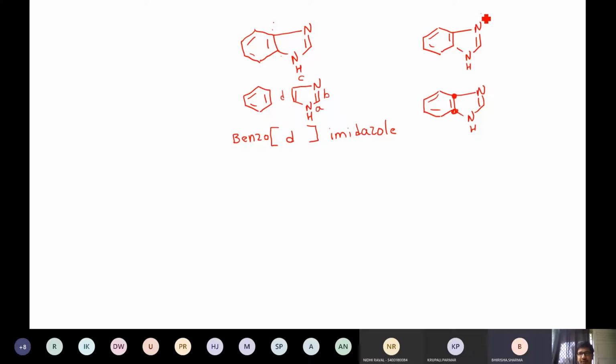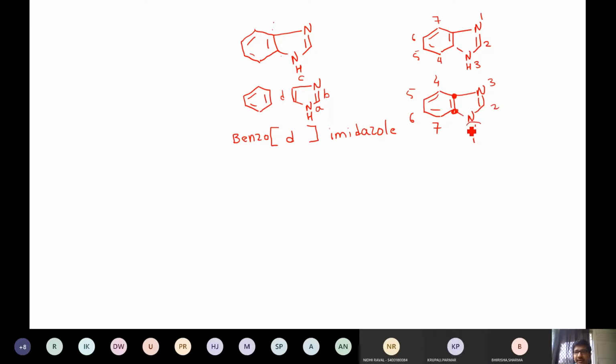So 1, 2, 3, 4, 5, 6, and 7. And here 1, 2, 3, 4, 5, 6, and 7. Now, in both possibilities, the nitrogens are getting 1, comma 3. Is that correct?